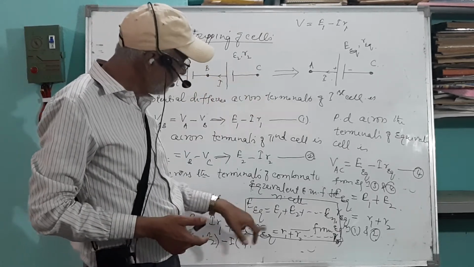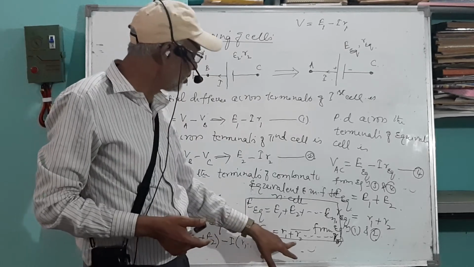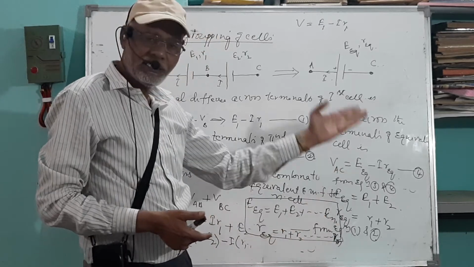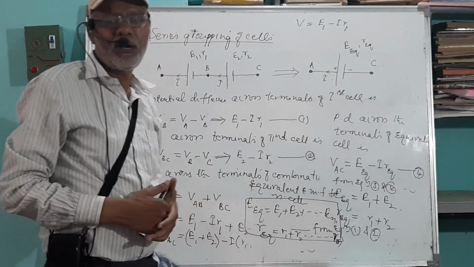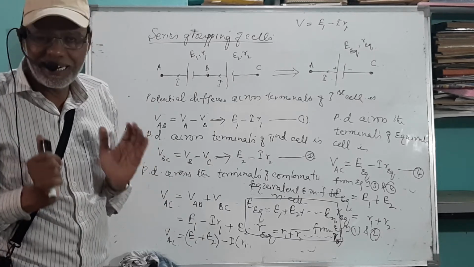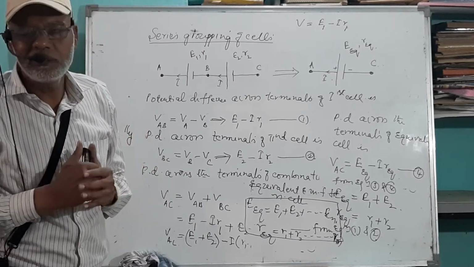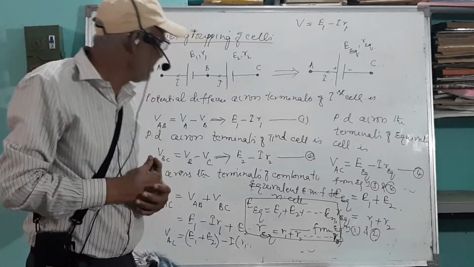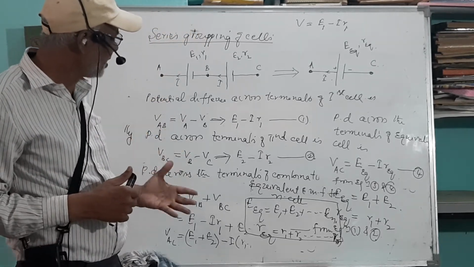Corresponding to that, the internal resistance also increases, because it is R1 plus R2 plus R3 and so on up to R5, each cell having some internal resistance. The internal resistance goes on increasing. So once again, there are 3 basic steps.